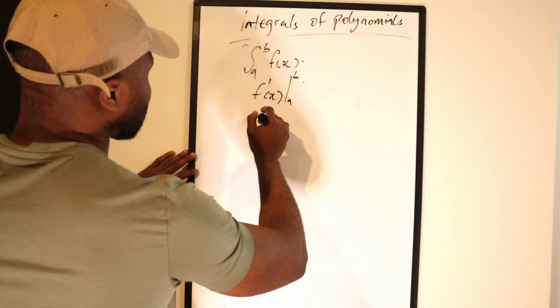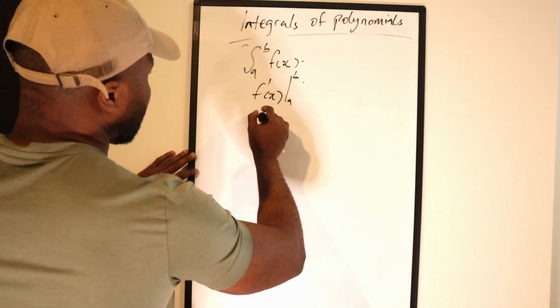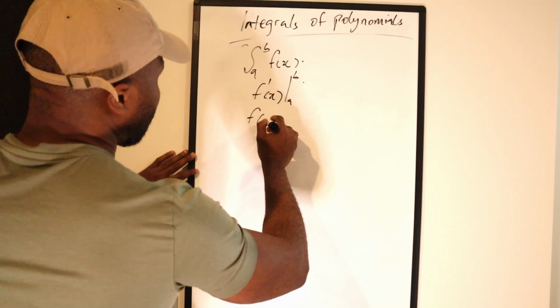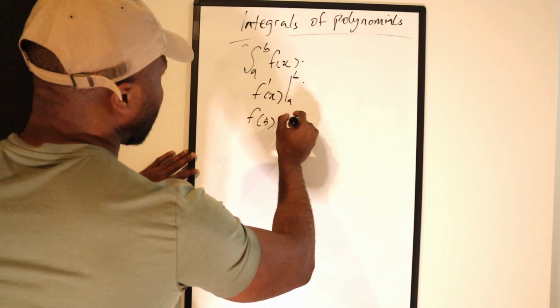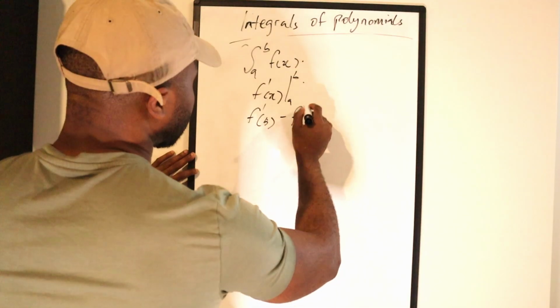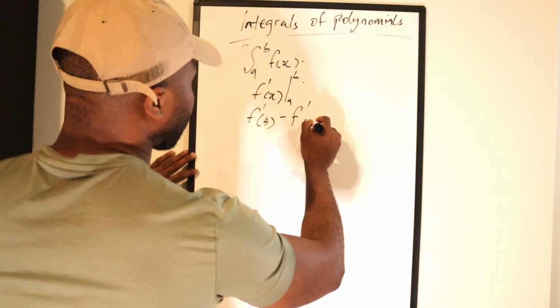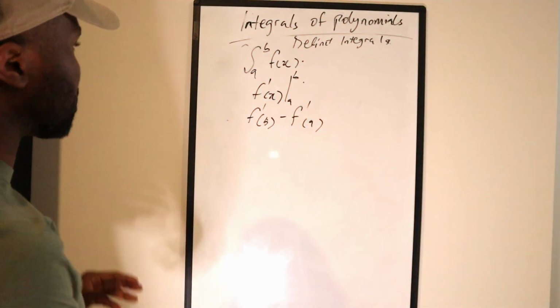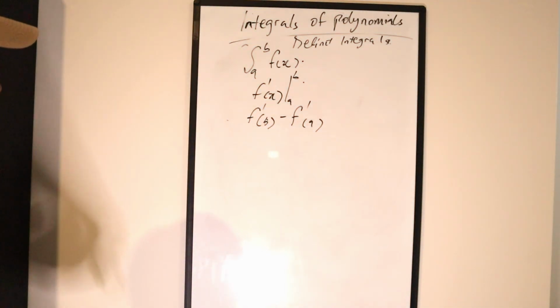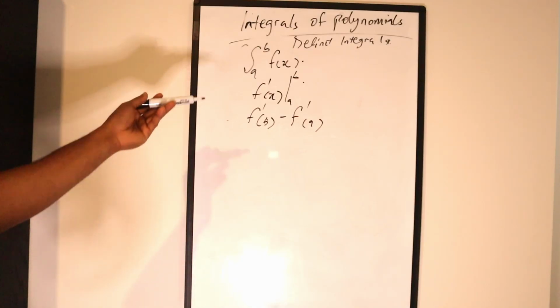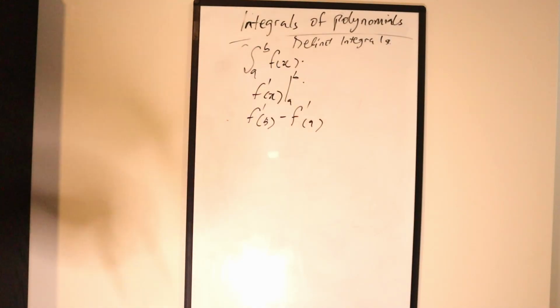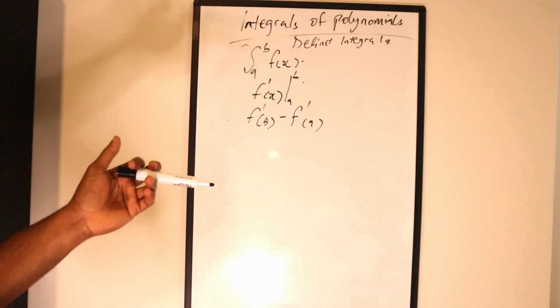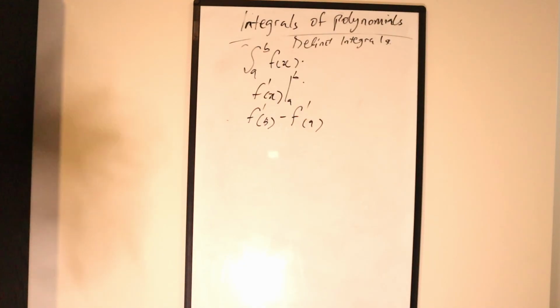So this is F(b) minus F(a). For definite integrals, there's always a limit: the starting limit, the lower limit, and the upper limit. When you apply this rule, you can actually solve a problem that has an upper limit and lower limit, and we can integrate that and find our answer.